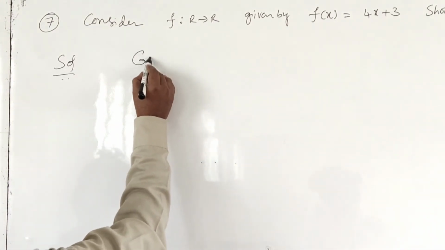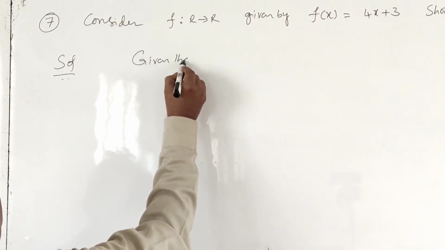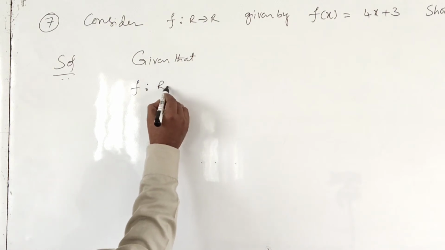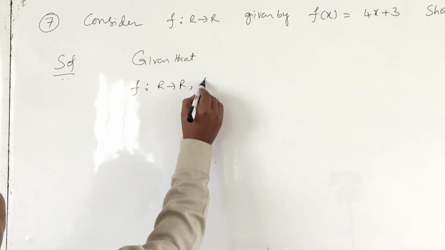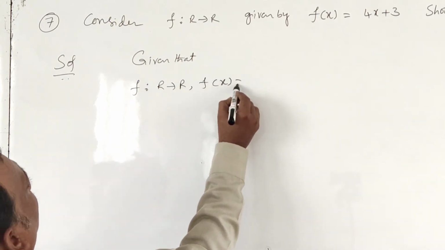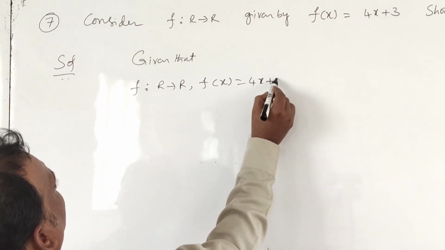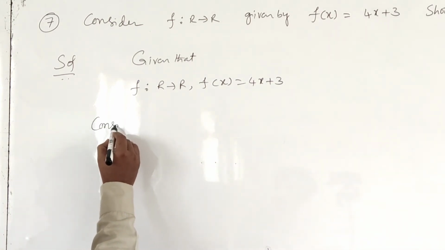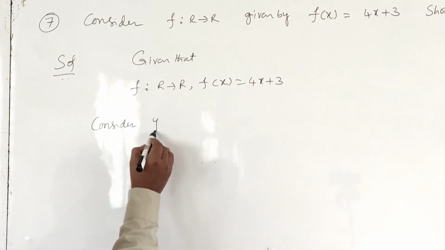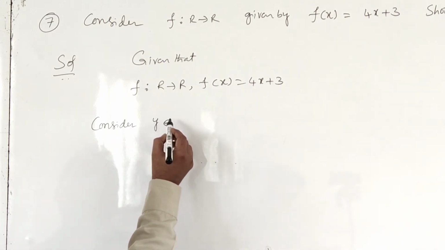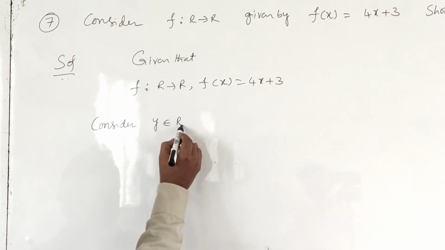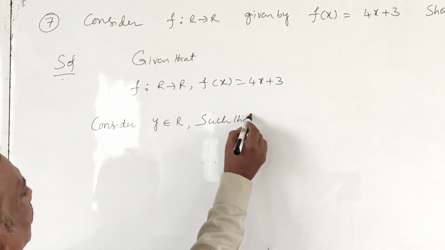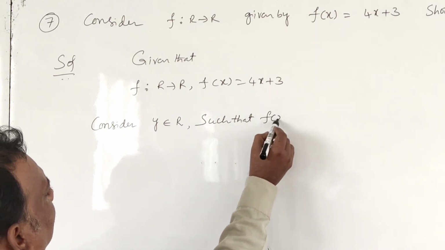Given that f is a mapping from R to R, f of x is equal to 4x plus 3. Consider y belongs to codomain R such that f of x is equal to y.